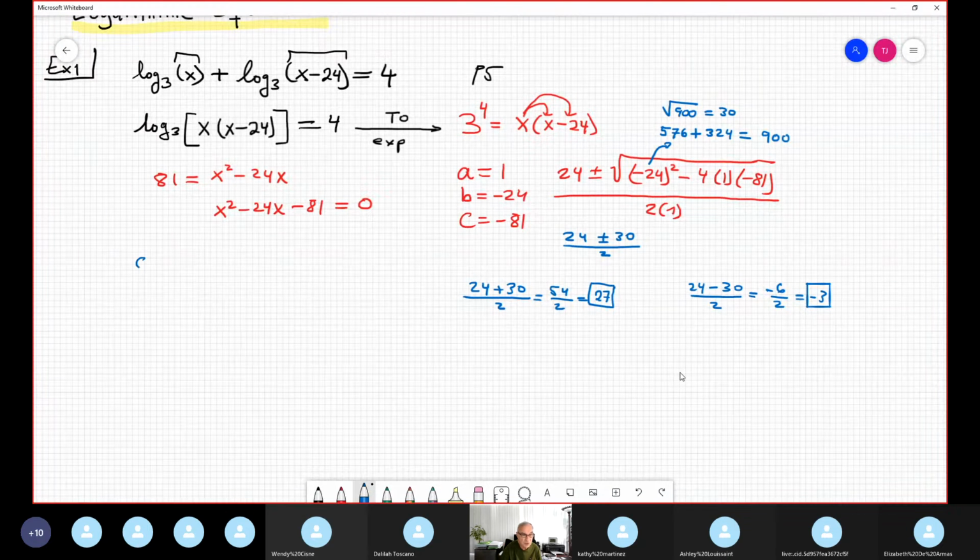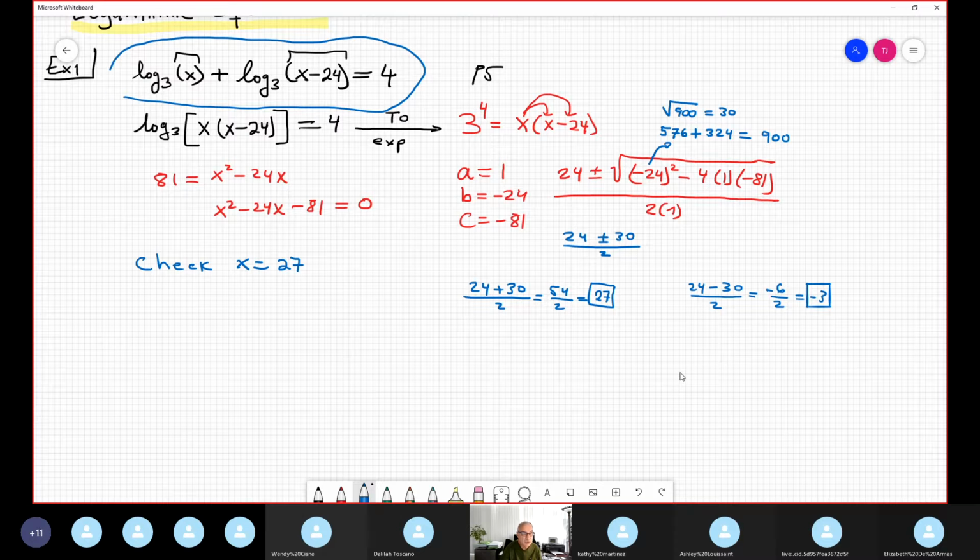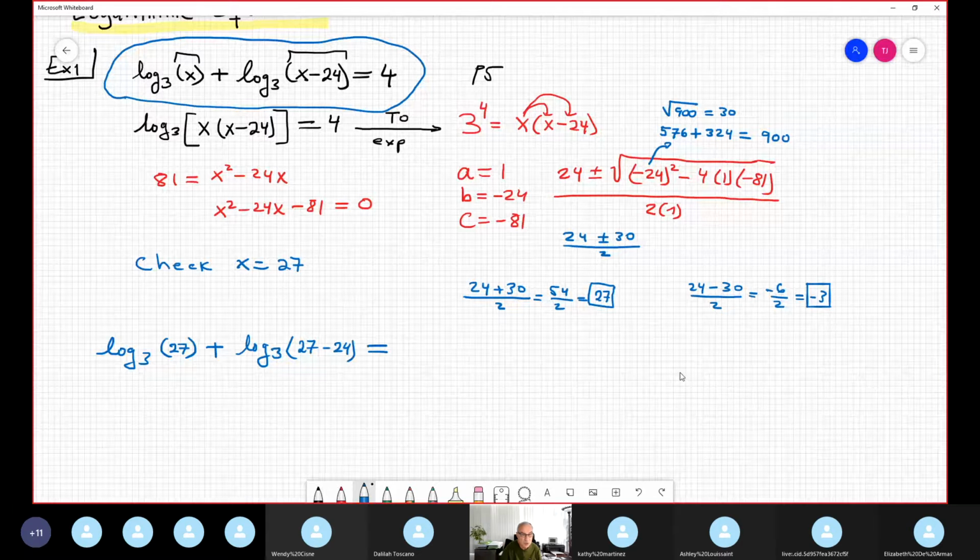Let's do the process of checking for x equal 27. You plug 27 into the original equation. Okay, it's waiting for us here. It's logarithm base 3 of 27 plus logarithm base 3 of 27 minus 24 should be equal to 4.